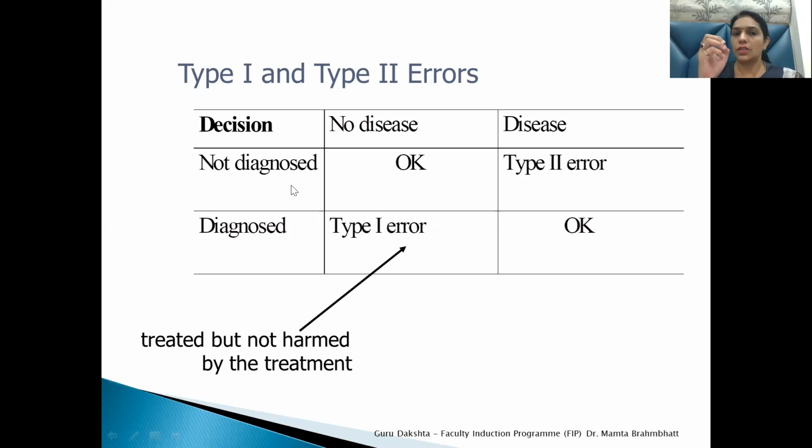There was a problem in the small intestine, small tissues were created in the small intestine, and the doctors or the X-ray report were not able to diagnose this cancer in the initial stages. So when the disease was there and the doctor has not diagnosed it properly, the doctor has created a type 2 error. When you create a type 2 error, it is a loss to a human. Clear? That case is gone, that case is expired. So when doctors create a type 2 error, it is very risky.